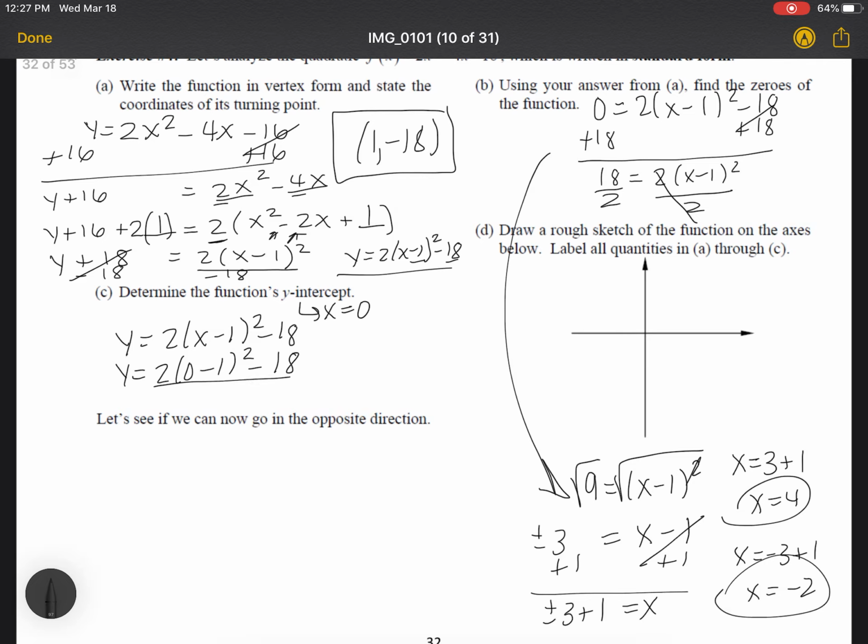All you need to do is type this right-hand side straight into your calculator exactly how you see it, parentheses and all, and you should be getting -16. So that means that this graph is going to cross the y-axis at -16.